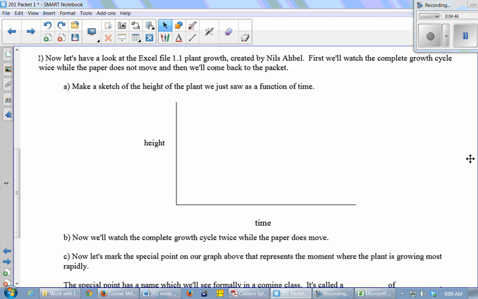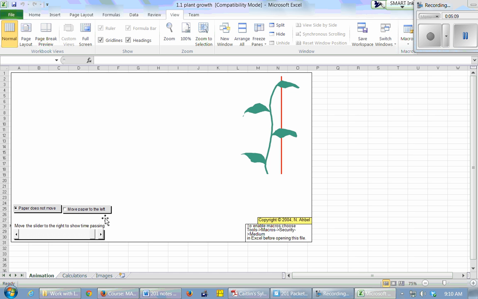All right, so it looks to me like it started growing pretty slowly. At the beginning, in some small amount of time, it just increases a little bit. It goes from no height at all to a short little seedling. And then it starts to grow kind of fast. So let's watch it one more time. At first, little seedling, kind of slow, and right about now it starts to really get fast. And then as it reaches its full height, it slows down again.